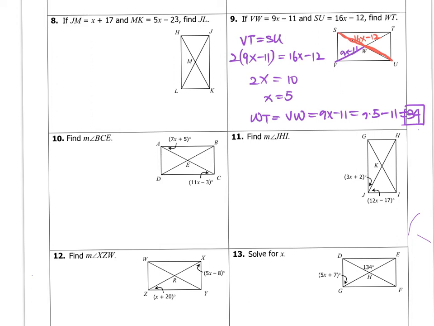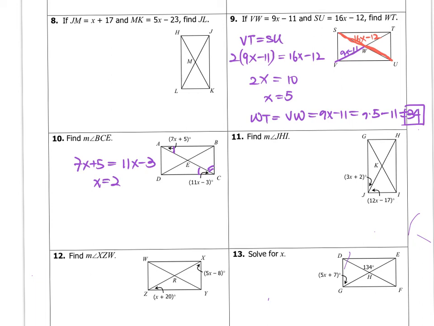Number 10, I'll just set it up. Rectangle, this is alternate interior, so you have 7x plus 5 should equal 11x minus 3. And your final answer for x is 2, but you're asked to find BCE. BCE is right here.